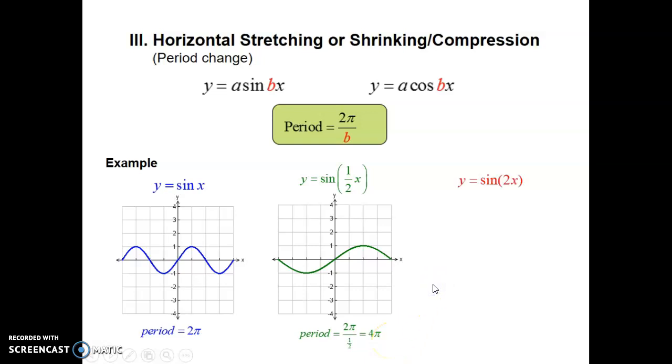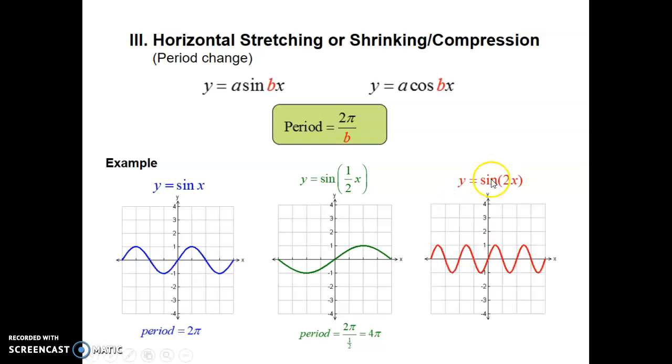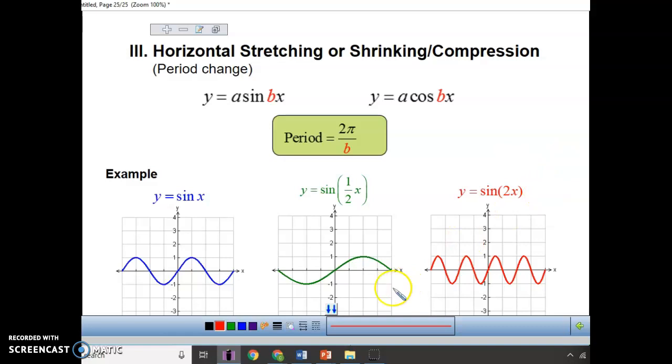Here's my next example. If I have y equals sine of 2x, what that means then is you're actually going to see 2 full revolutions of the sine period in that same interval from 0 to 2 pi. So if you look at this first one, you see 1 relative max and 1 relative min from 0 to 2 pi. What this 2 right here means is that you will see twice as many.